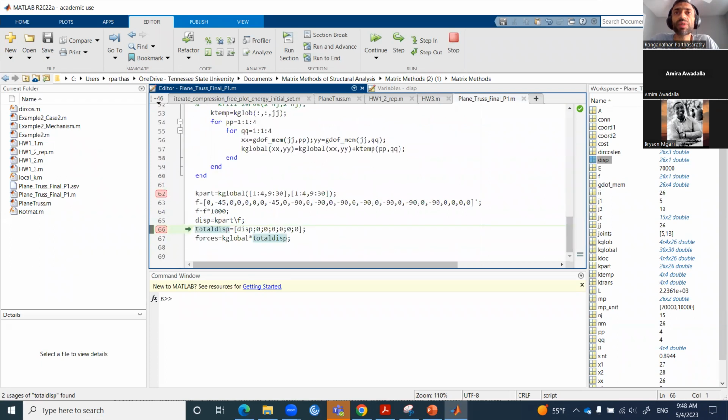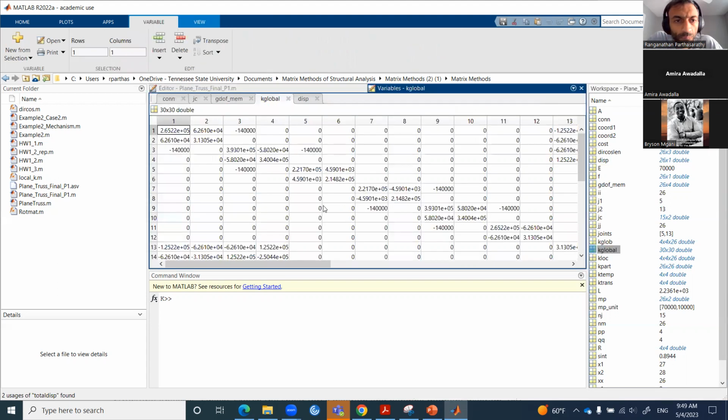Let's check one matrix, EA by L of 70,000 times A is 10,000, length is 5,000. 140,000. Let's check. No, this is element 1. 140,000. That is correct.